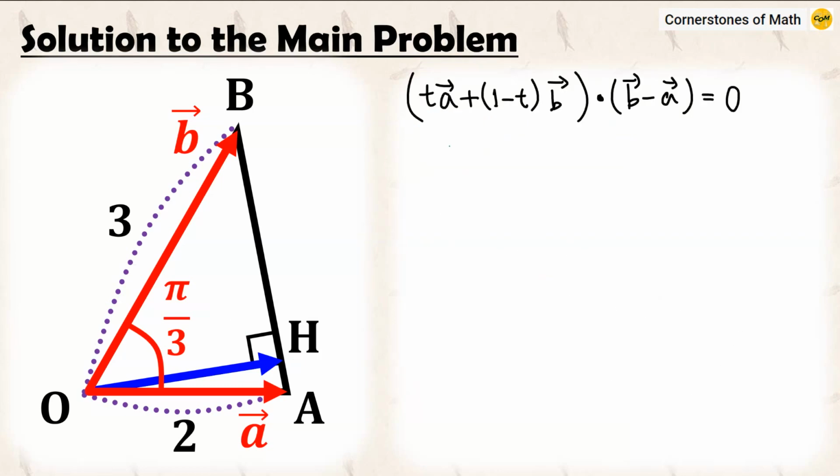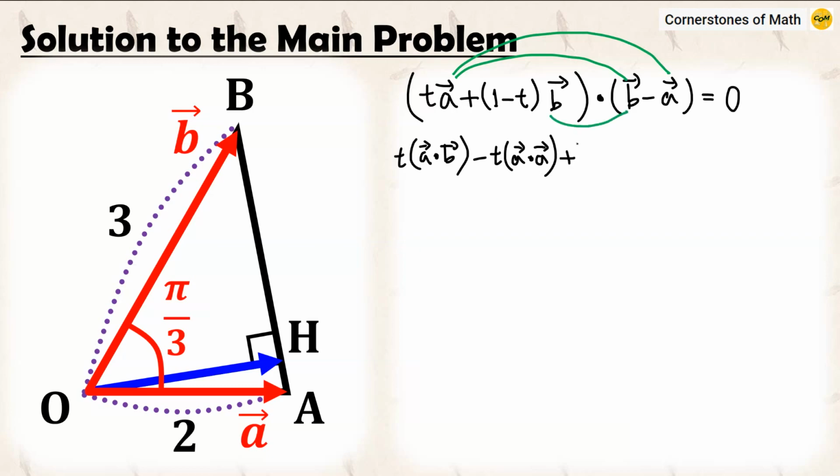We can expand this using the distributive law, similar to the multiplication between scalars. So from here, we have t times A dot B, and from here, we have minus t A dot A, and from here, we have 1 minus t B dot B, and from here, we have minus 1 minus t A dot B. First, let's take a look at this.